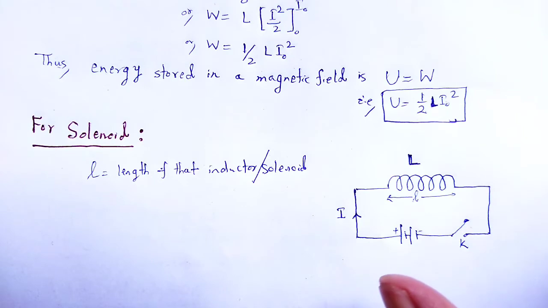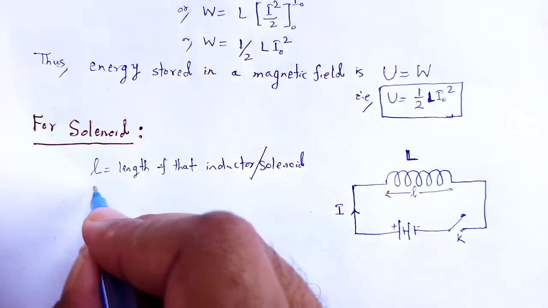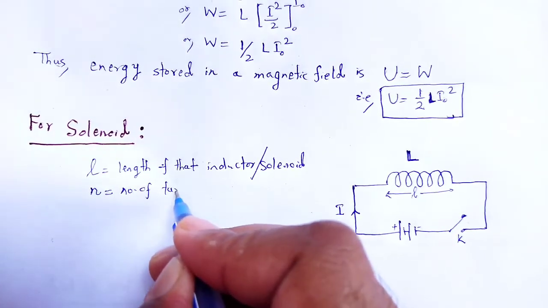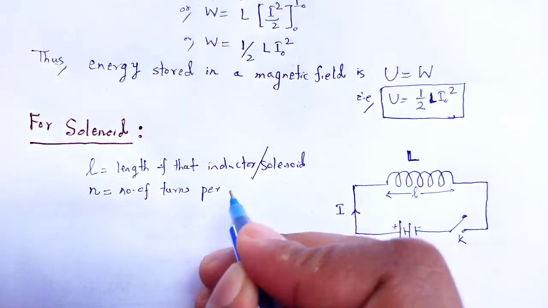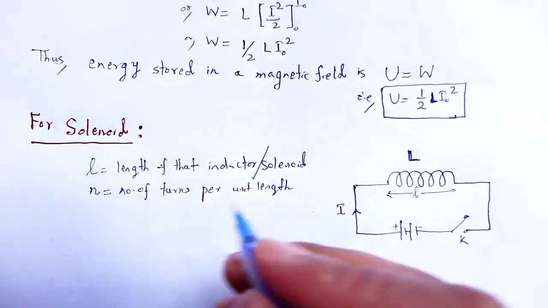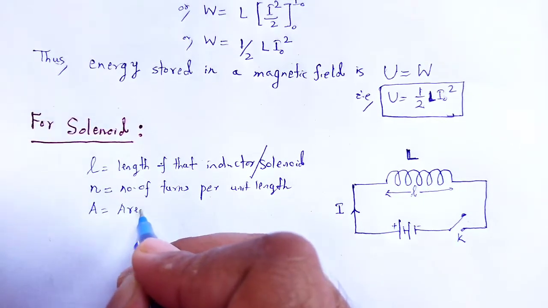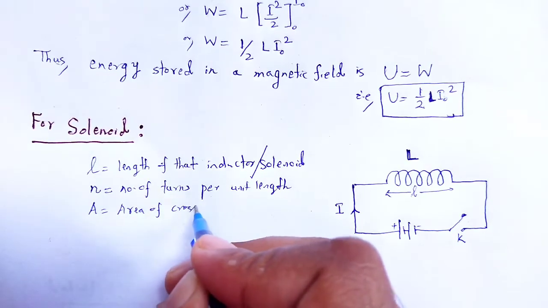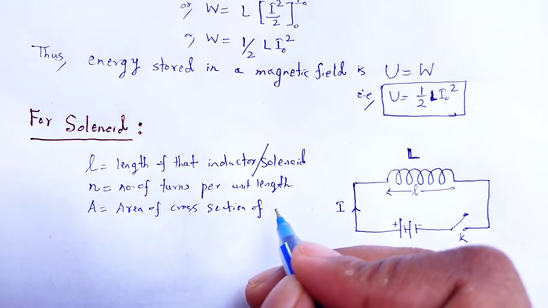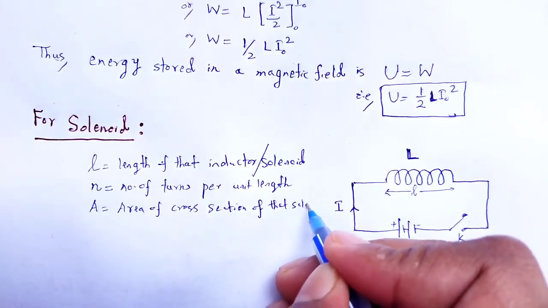Here the medium is air, vacuum medium, and small n is the number of turns per unit length, A is the area of cross section of that solenoid.